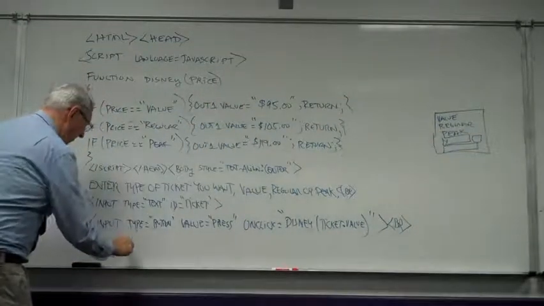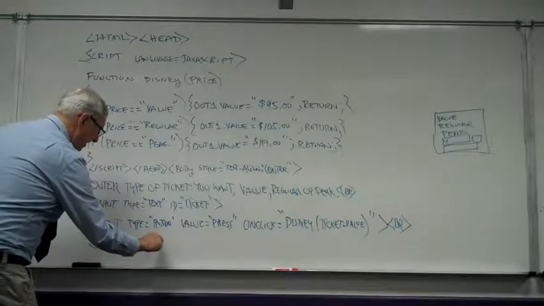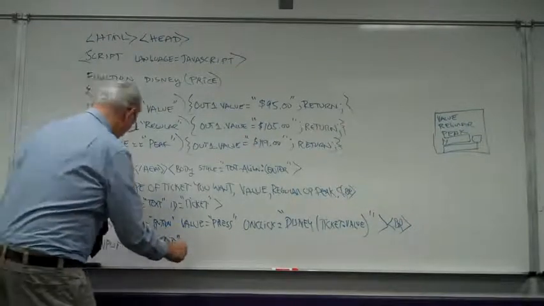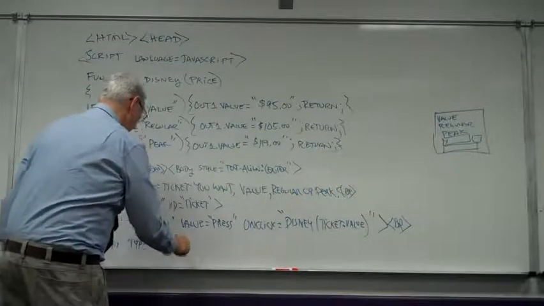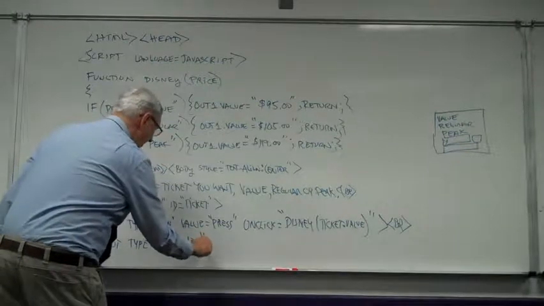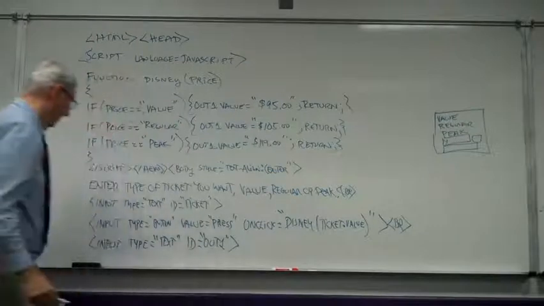BR. Input type equals text. And ID equals out1. There it is. That's it.